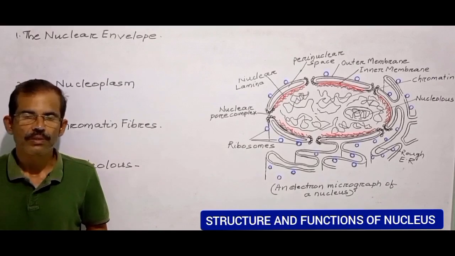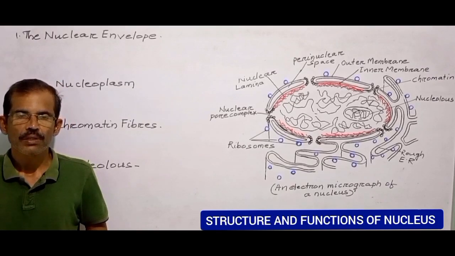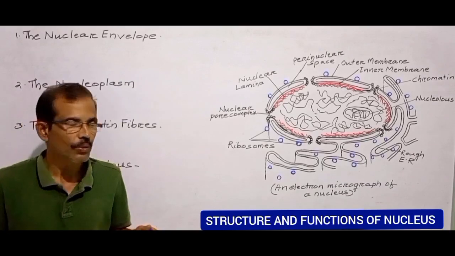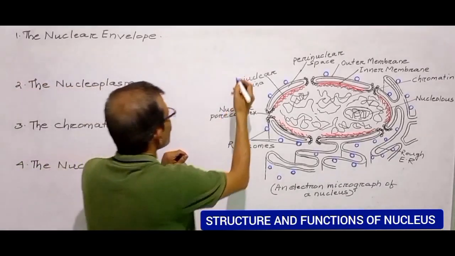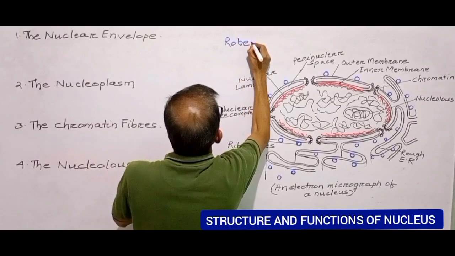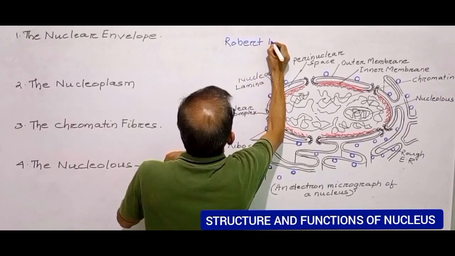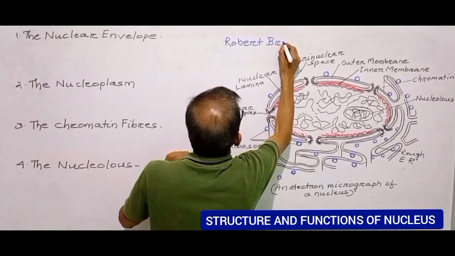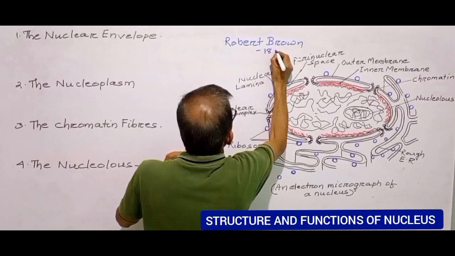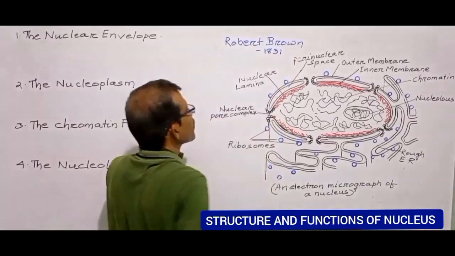The cell nucleus is a membrane-bound organelle found in eukaryotic cells. It was discovered and named by Robert Brown in 1831.